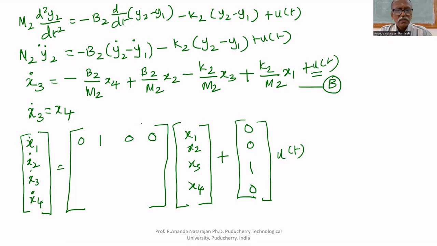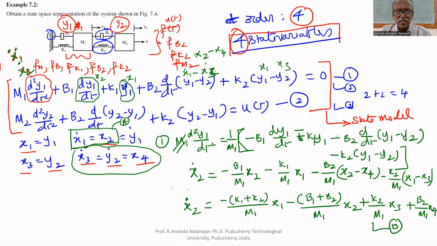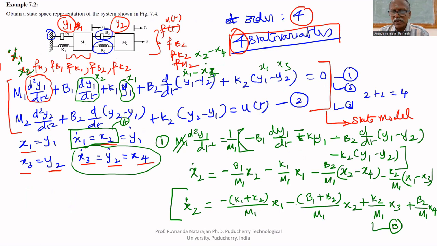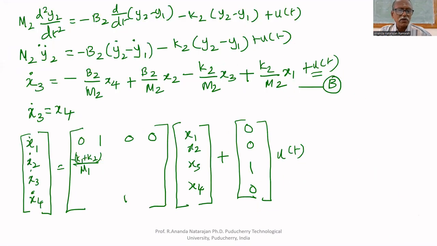Then for this equation, the coefficient of x1 is minus k1 plus k2 upon m1. The second element is minus b1 plus b2 divided by m1.